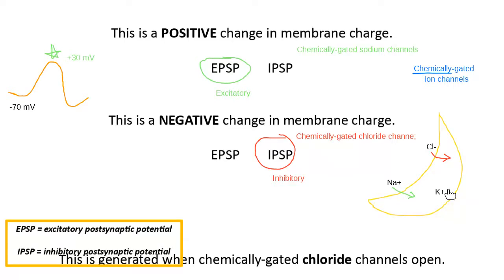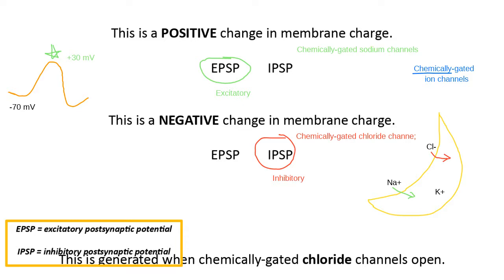Last ion that we care about, because I have chemical keys for these kind of channels too, is potassium. Potassium also has a positive charge, but potassium is going to leave my cell. If potassium leaves my cell, what's going to happen to the charge on the inside? Is it going to go up or go down? Or we could say, is it going to get positive or negative if potassium leaves?